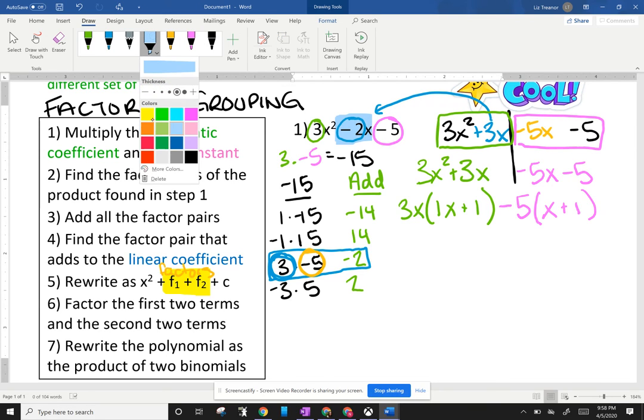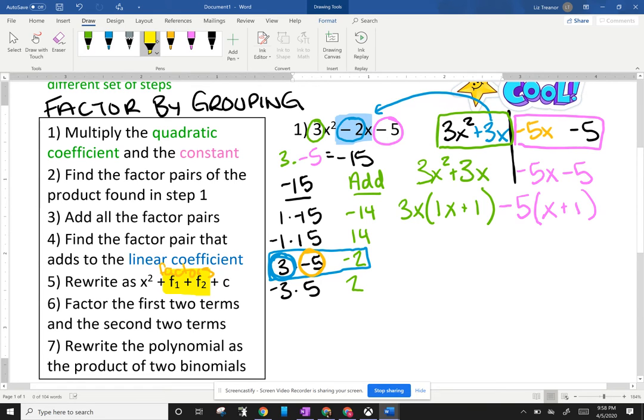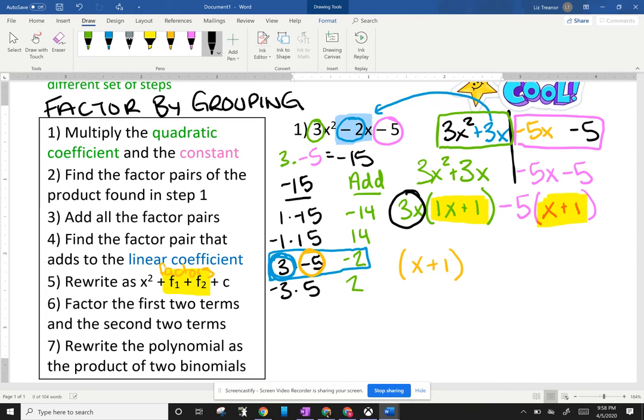And what's really important to notice here is that what we got in the parentheses of both pieces are exactly the same. x plus 1 or 1x plus 1, either way, it is the same thing. So x plus 1 is going to be our first factor. And then we're going to take the GCF of each, and that's going to be our second factor.